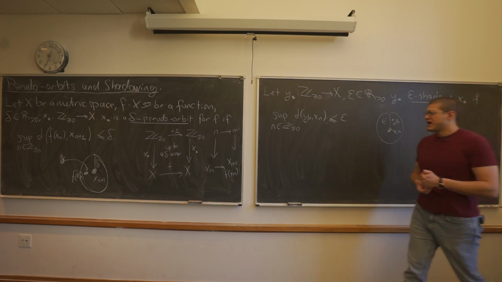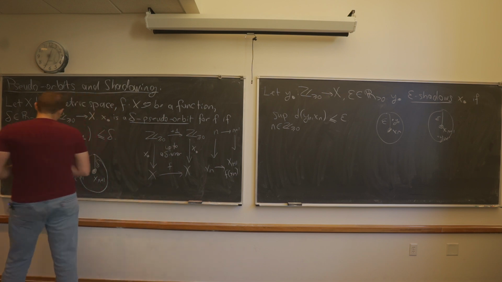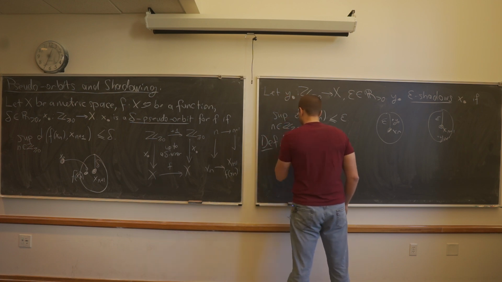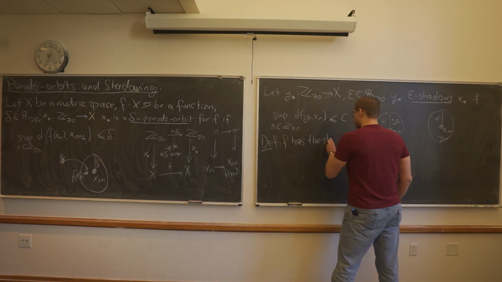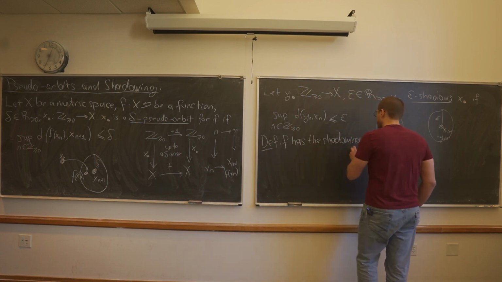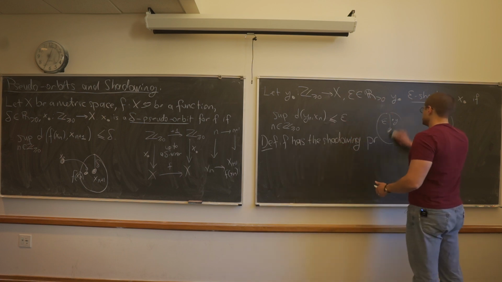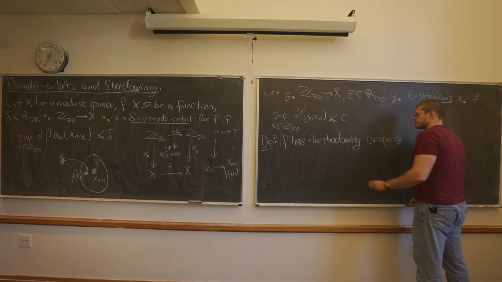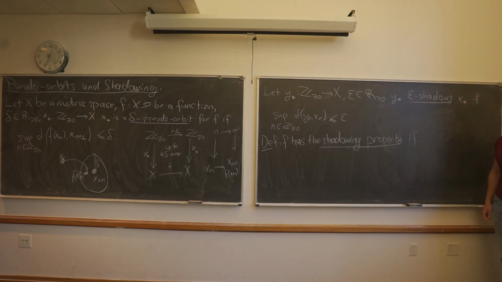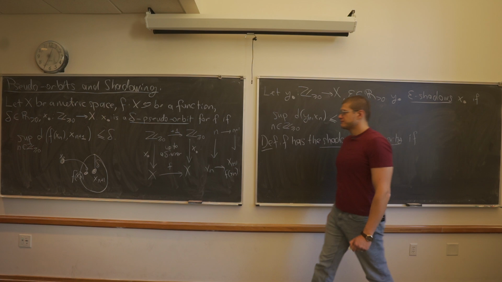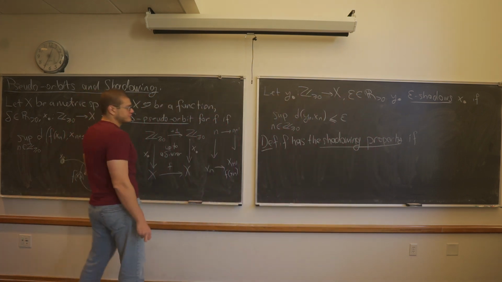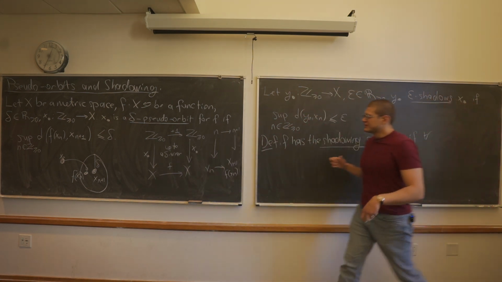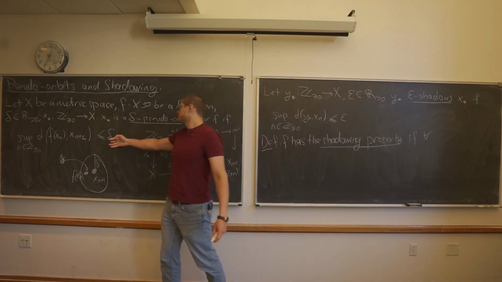So I'm going to say that f has the shadowing property if the following is true: if for any epsilon there's a delta such that any delta-pseudo-orbit for f is epsilon-shadowed by a true orbit. So before writing that down, perhaps I should say, what is a zero pseudo-orbit? Well, that's just an orbit, of course.